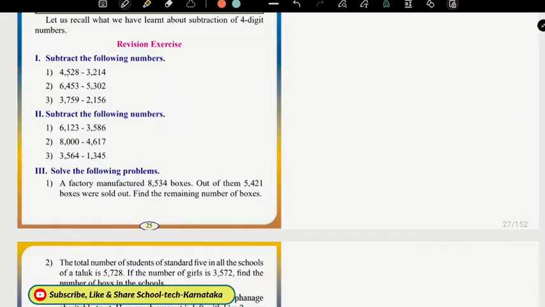So our first given number is 4528 minus 3214. So 4528 is our minuend, and 3214 is our subtrahend.